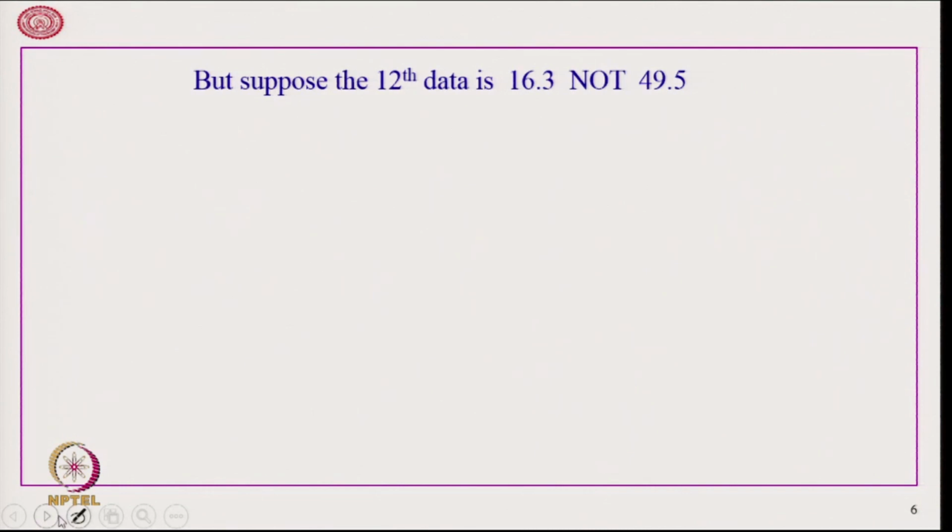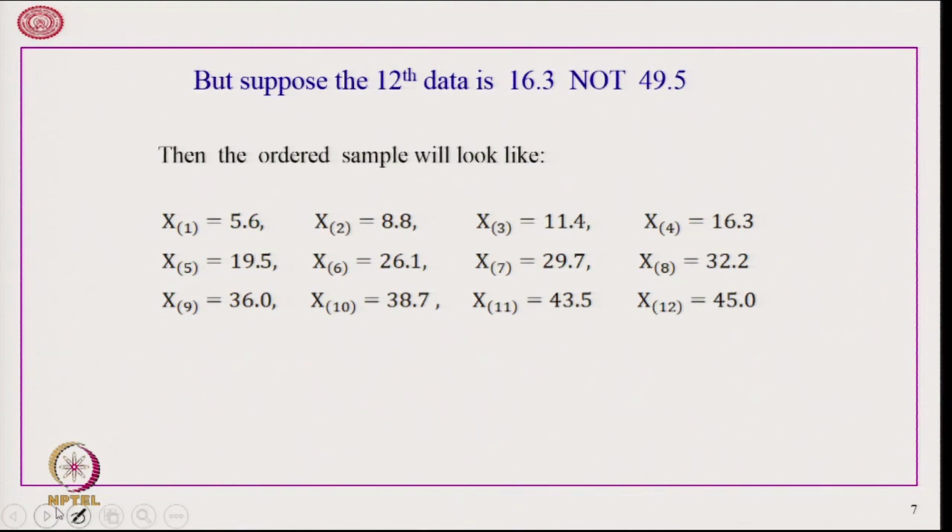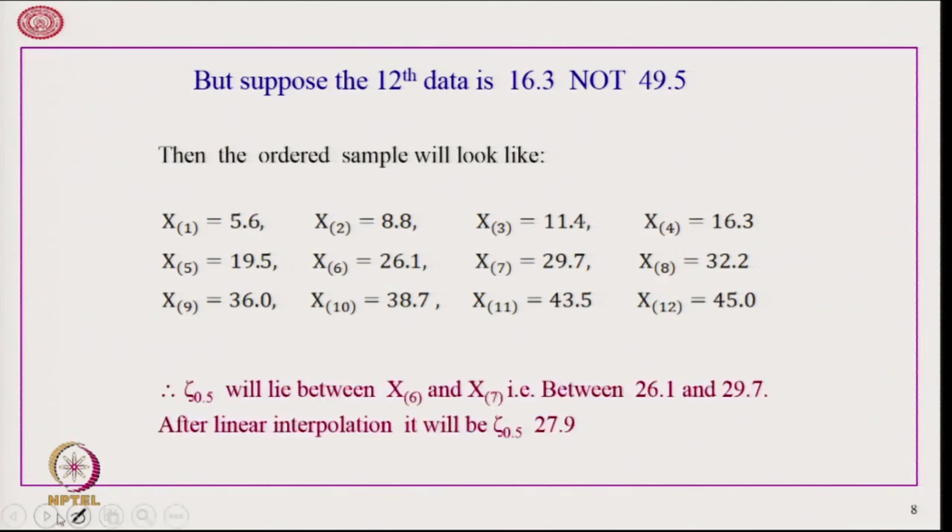Instead, if the 12th data point would have been 16.3, then what would happen? Then we get the ordered sample like that. We can see that 16.3 is coming here, but in this case the median is going to be the arithmetic average of these two, which is going to be 27.9. So, that is going to be the point estimate for the median.